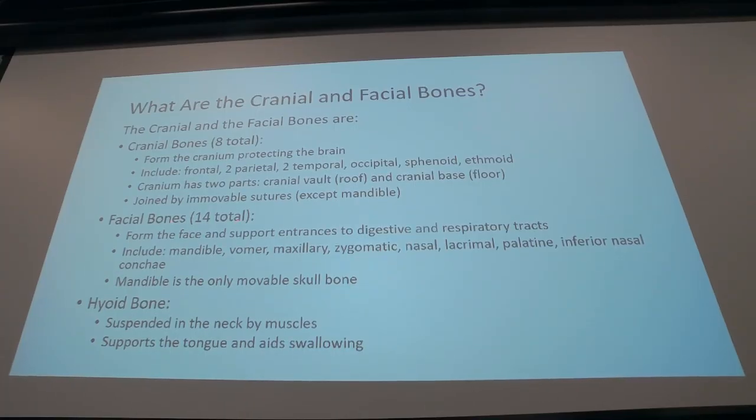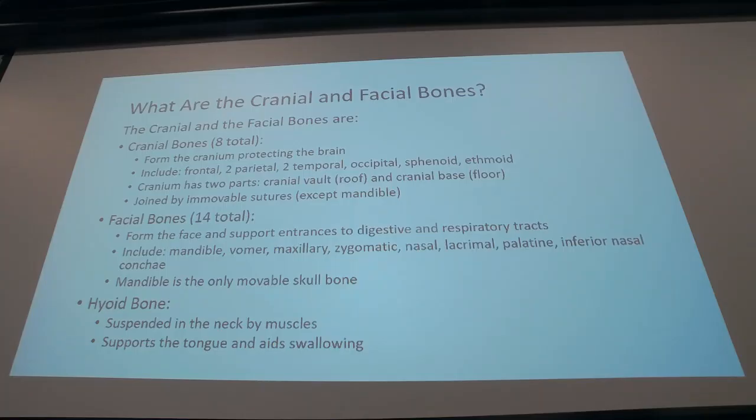Now, facial bones, we have 14. They support entrances to the digestive and respiratory tract. The facial bones will be mandible, this one. Vomer is internal in our nasal cavity. Maxillary bone, this one, holds our upper teeth.